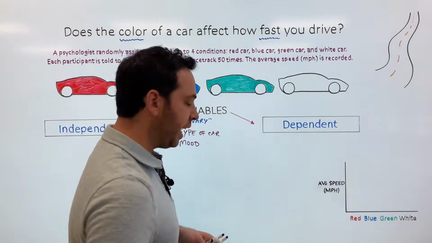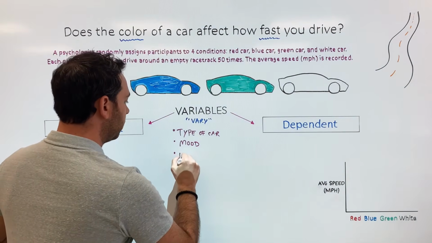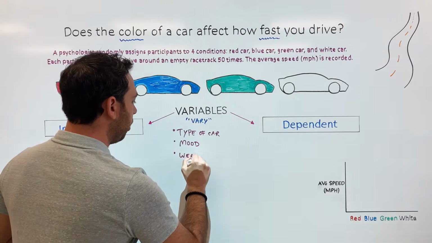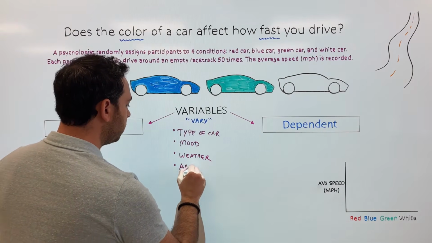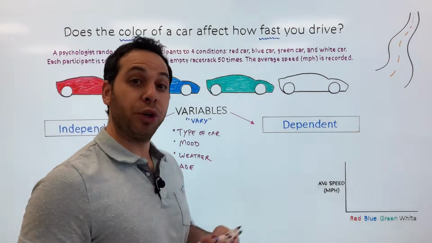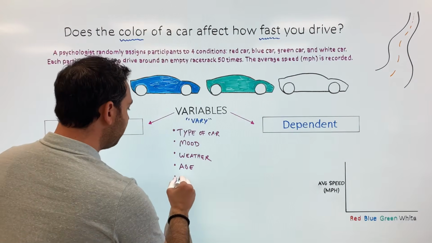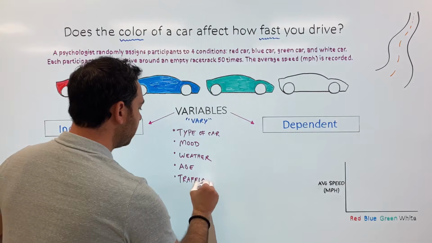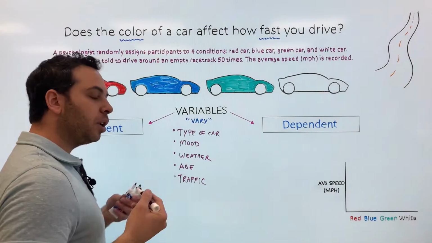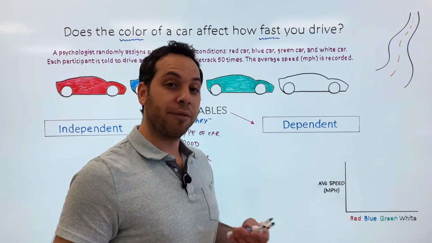That could affect how fast you drive. The weather, as we said before, if it's snowy, if it's rainy. Your age, right? If you are an experienced driver or you're a new driver. If there's traffic on the road, you're going to drive slow, you're going to drive fast, you're going to weave through traffic. And we can go on and on and on. But these are some variables that might affect how fast you drive.